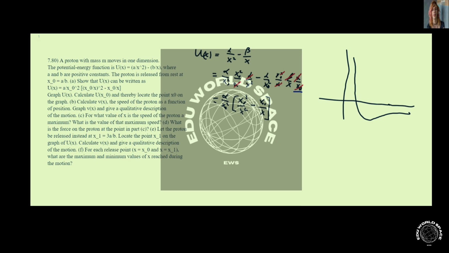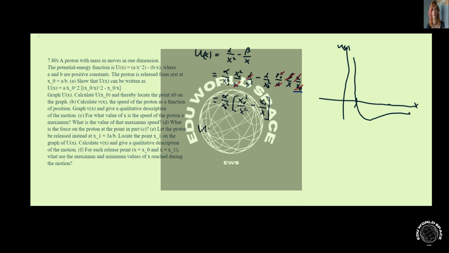It looks a little smoother down there, it's not as jagged at the bottom, but just to show emphasis, it comes down from above the axis, and it crosses through the axis at a specific point, and then it rises up towards the axis again. You would get this general shape for any positive constant you put in there. I just put in 1 to graph it on a calculator on Wolfram Alpha, and this is what it looks like. So now we're supposed to calculate u of x sub 0.